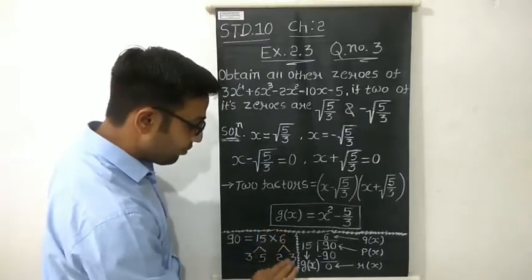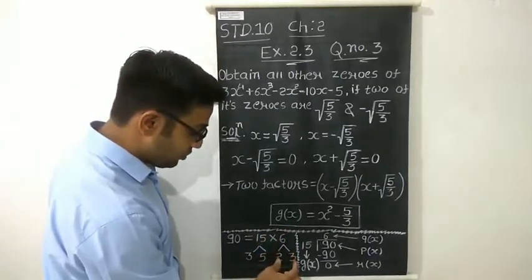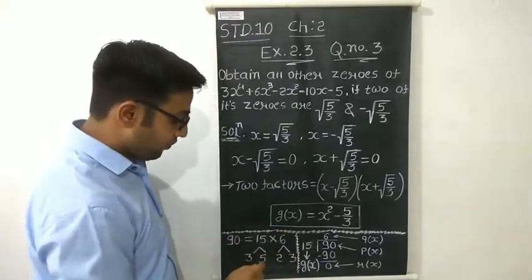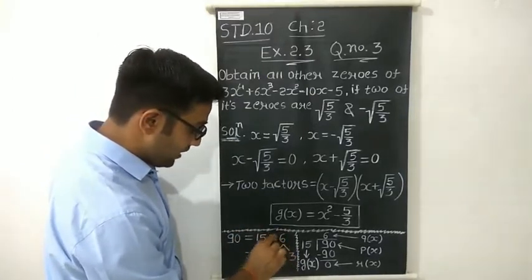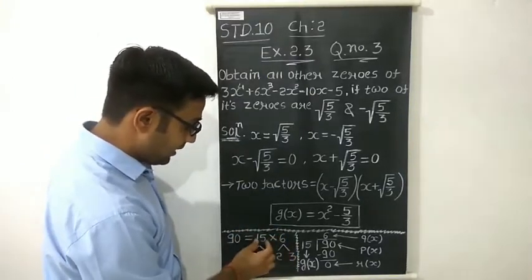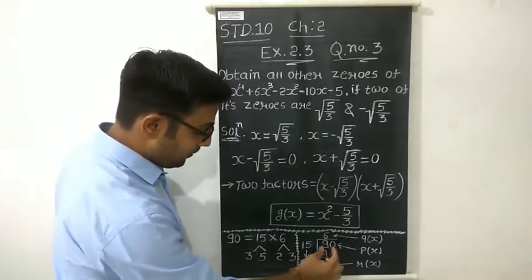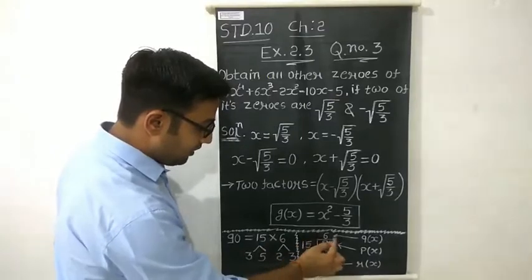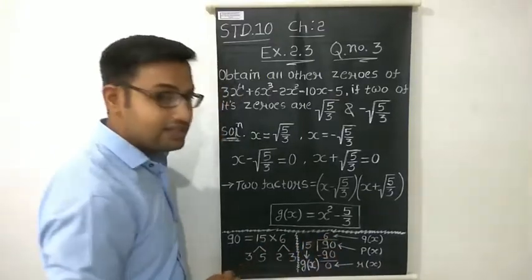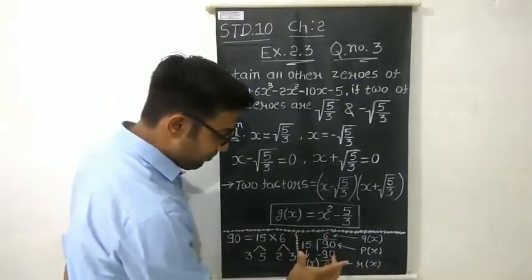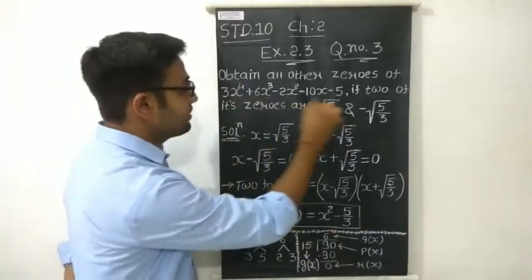So what will we have to do to find out these two values? For that, first of all we have to find this by dividing 90 by 15. We know that if we divide 90 by 15 we will get 6 and the remainder is 0. This same process we have to do for this polynomial.